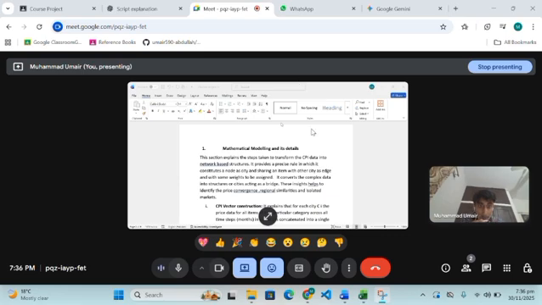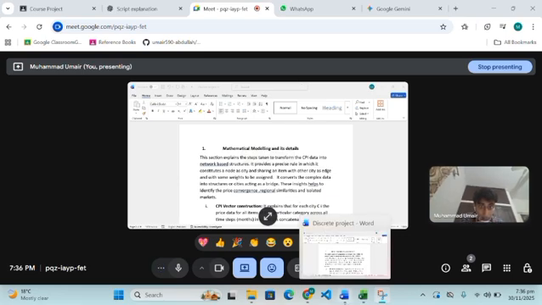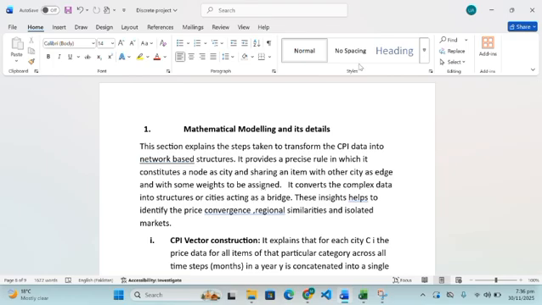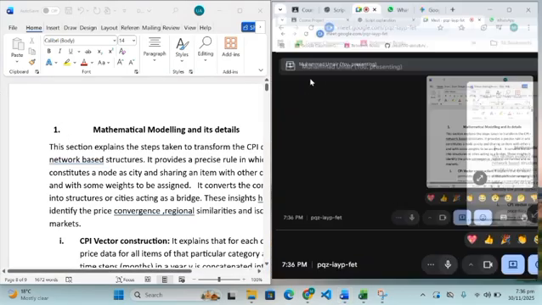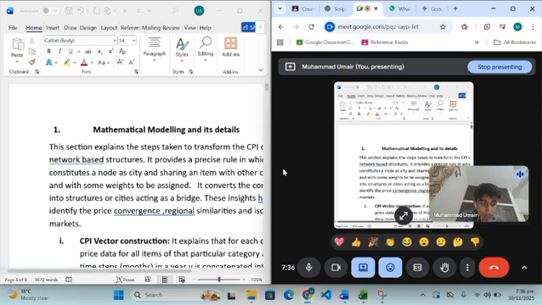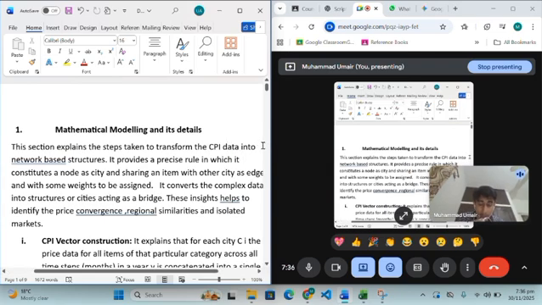Hello, this is my discrete project part 1, which I would like to explain: mathematical modeling. Mathematical modeling basically explains the steps taken to transform the CPI, the Consumer Price Index data, which is a large dataset having prices of each category and items under that category for a particular month of a particular year, into network-based structures.